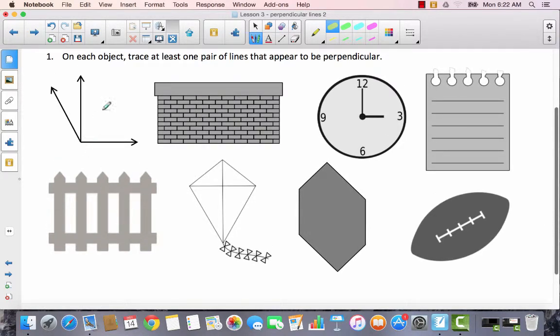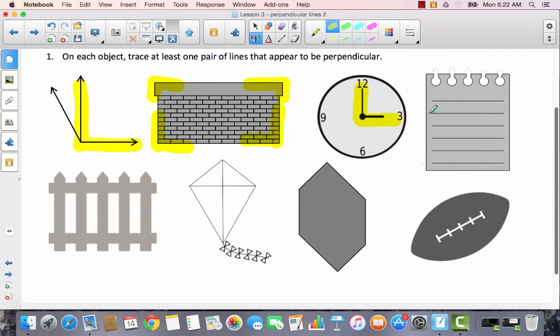All right, so on this first set, the only perpendicular lines that I see are right here. But when I look at this brick wall, there are all kinds of perpendicular lines. It'd be really hard for me to identify all of them that you possibly could have traced, but obviously the corners make perpendicular lines. And if you had a really tiny pencil or something, you could say that all of these bricks create perpendicular lines. On the clock, the only perpendicular lines I see are where the 2 hands meet.